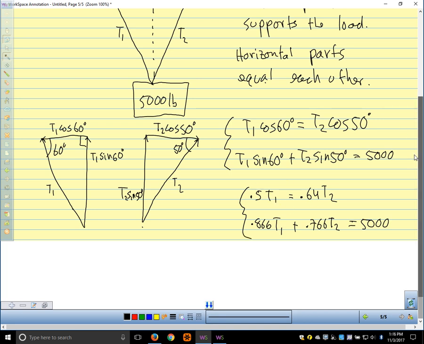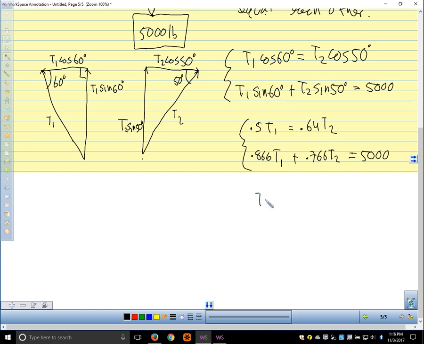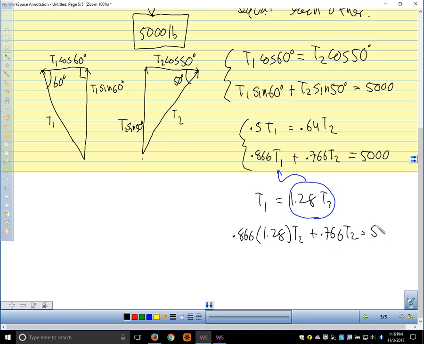From the first equation, I get that T1, divide both sides by 0.5, is 1.28 T2. And what I'm going to do is take this and substitute it right there. So 0.866 times 1.28 T2 plus 0.766 T2 equals 5,000.